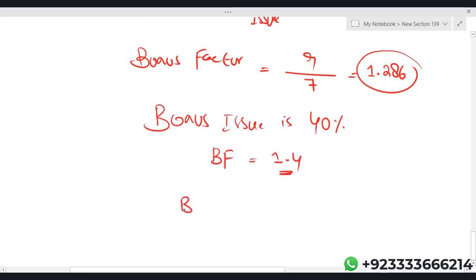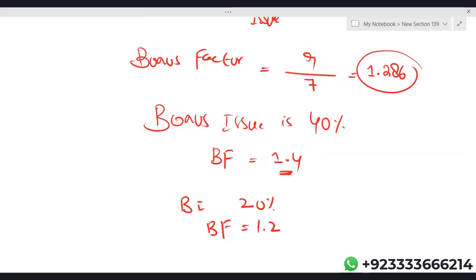If the bonus issue is 20%, then the bonus factor will be 1.2. So the examiner is going to give you either a ratio or a percentage. It is up to the examiner, but you should know what to do when a ratio is given and what to do when a percentage is given.